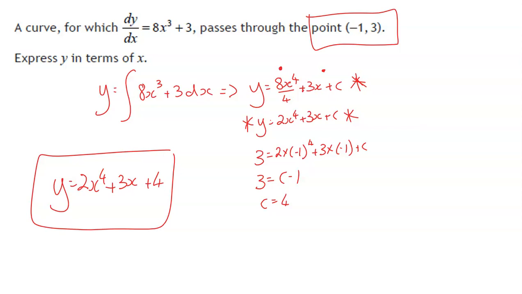That plus c has to be part of your expression and your general integral at that point. Bear that in mind. Always add a plus c at the end of an integration just so you've got it in there. Third mark comes from substituting in to find c, so at this stage here, and then your fourth mark, as I've mentioned, is for writing y in terms of x as a final step, where we've got rid of the c and we've put the value in for it.